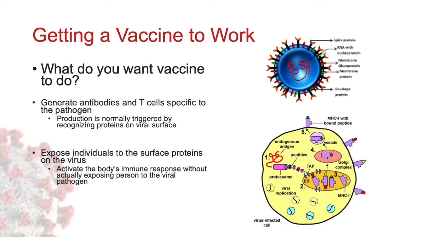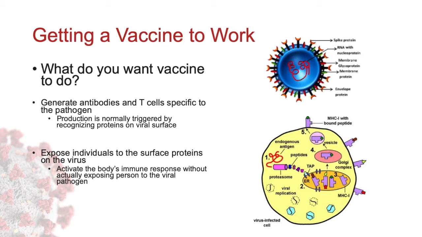In particular, what vaccine developers are focused on is the spike protein that you can see there in orange, sticking off of the SARS-CoV-2 virus. Now, when the virus gets into cells, you can see down the bottom a cartoon of a virally infected cell. One of the cells' natural defense mechanisms is to take some of the virus proteins that the virus is making.